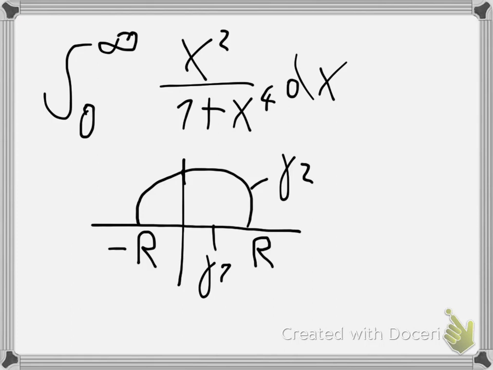And so the residue theorem states that the contour integral is equal to 2 pi i times the sum of the residues. The poles are where we divide by 0, so we set x to the fourth equal to minus 1 and solve that.